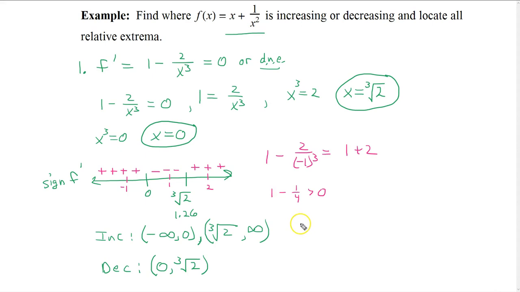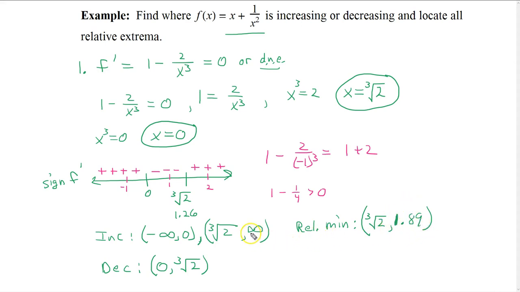So we only have a relative minimum at the cube root of 2, comma, and if you put the cube root of 2 in for x into the function up here, you will get 1.89 approximately. And that's where we're going to have a relative minimum.